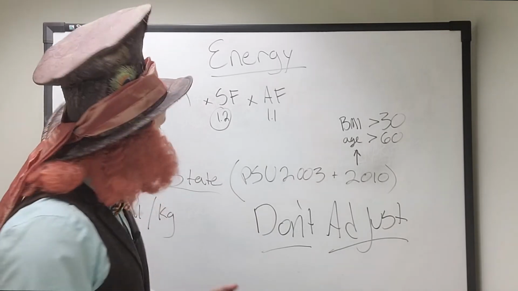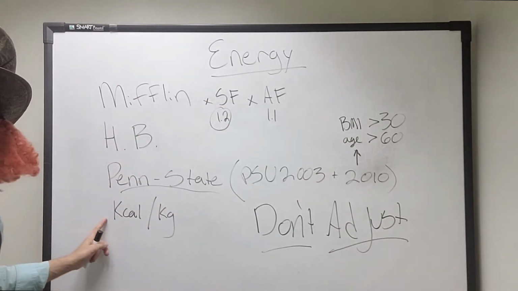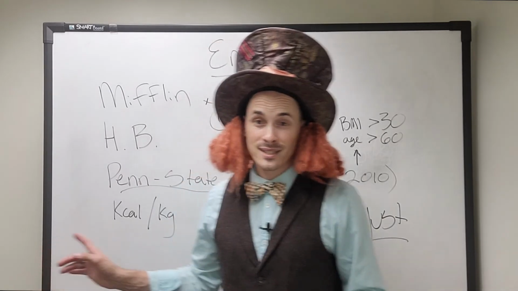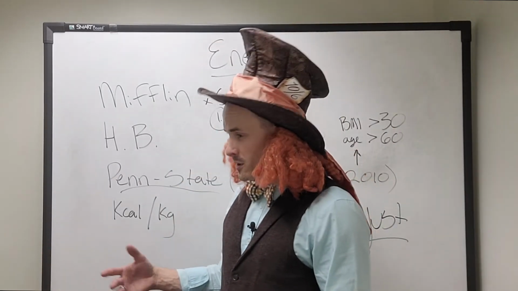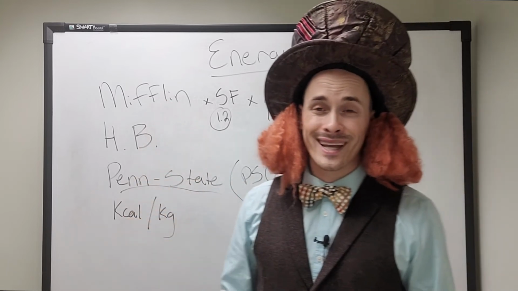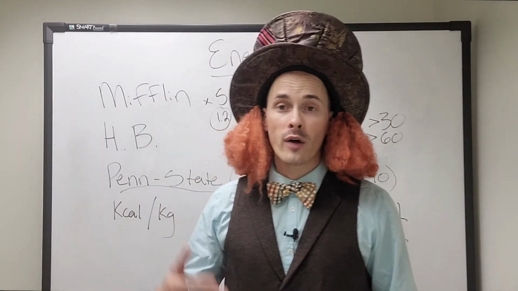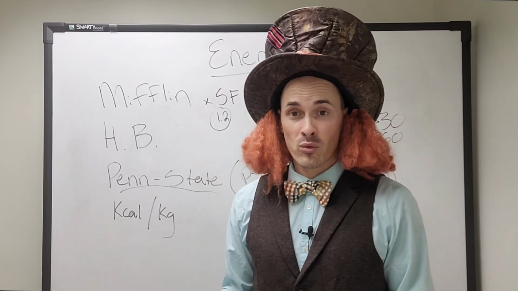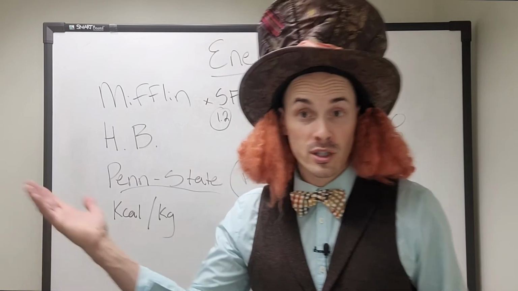And then last but not least, we have Kcals per kg. And in a lot of hospitals, this is actually popular. Here at this hospital, we kind of fluctuate between the Mifflin and Kcals per kilogram. Oftentimes, I'll actually use both and determine, okay, if one's a little high and one's a little low, I'll shoot in the middle.